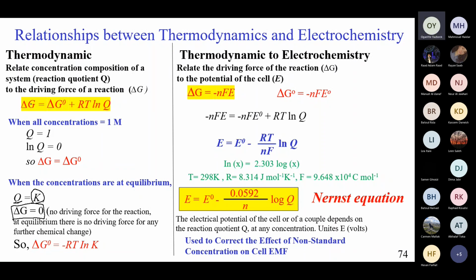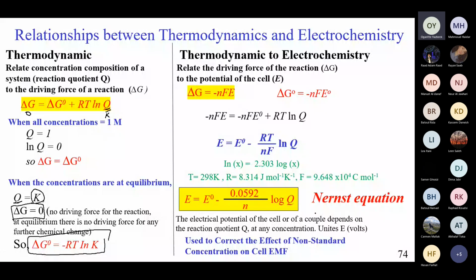So if I go back here and put delta G equals 0, and put K instead of Q, and I solve, I get that delta G naught equals minus RT ln K. This is a relationship that I also need you to memorize: when we have reached equilibrium, the free energy is 0, and the standard free energy equals minus RT ln K.